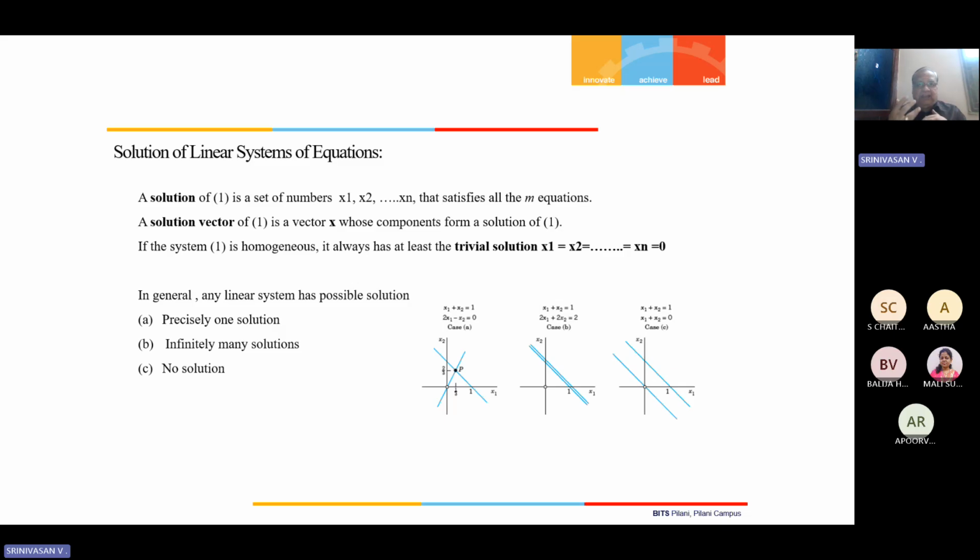Of course, I had already indicated this, but now you are recapping it in the context of finding system solutions by Gauss elimination. So whenever you have rank of A equal to rank of AB equal to the number of unknowns, the system is consistent and has a unique solution.